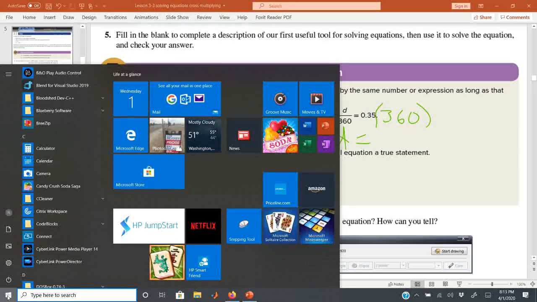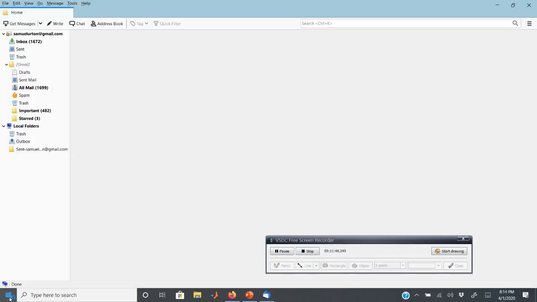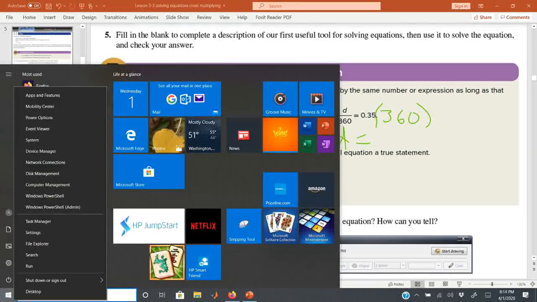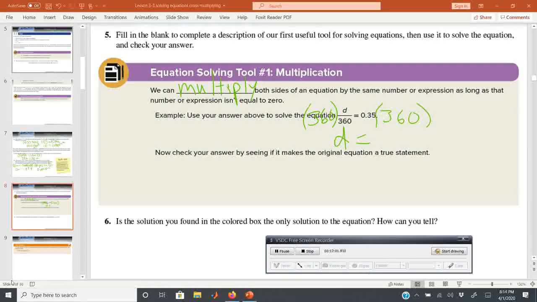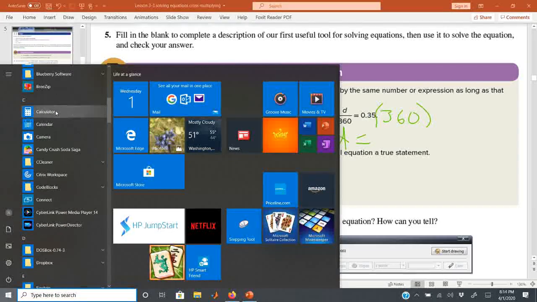I'm going to multiply both sides by 360. So I have 360 times d divided by 360. I can change the order. I can say d times 360 divided by 360. 360 divided by 360 is equal to 1.